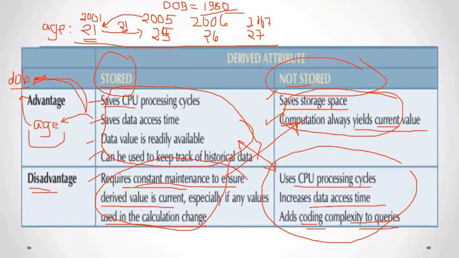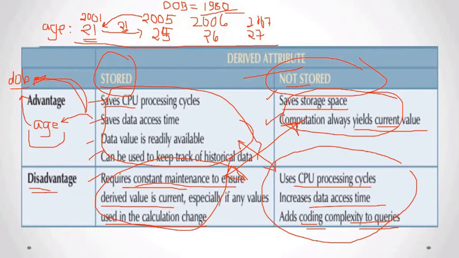Okay, so are you going to store a derived attribute, or are you not going to store it? Well, it depends on the need.